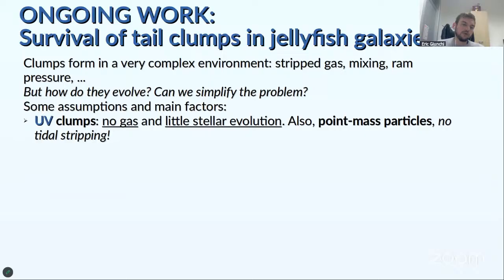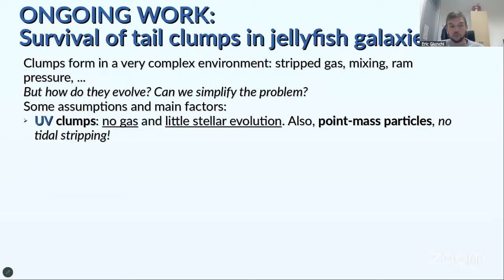If we think of UV clumps as you have seen them in the HST images, they are old enough to be gas-free and to be already little affected by stellar evolution. All the mass expelled by OB stars has already been expelled. So they can be taken, let's say, as stellar-only components, and this is very useful.